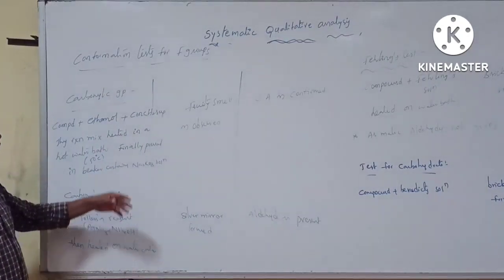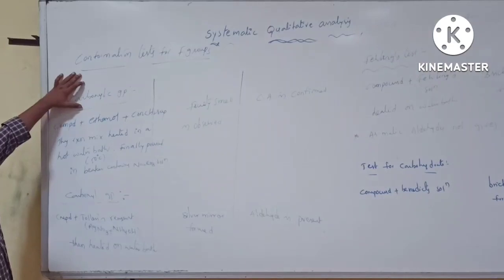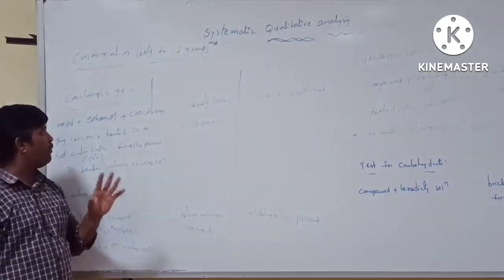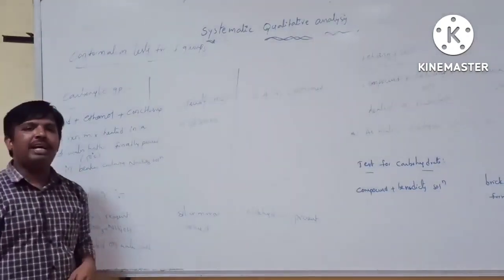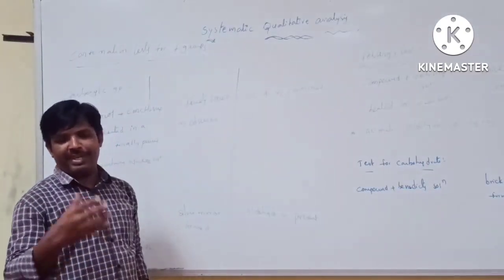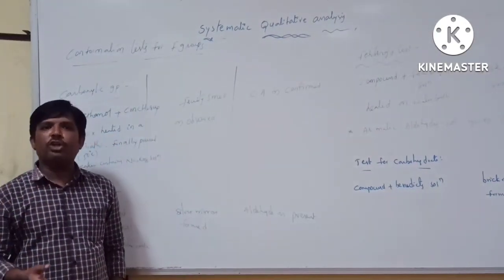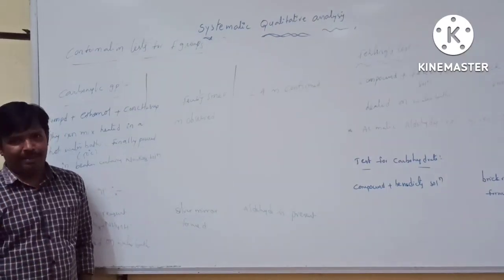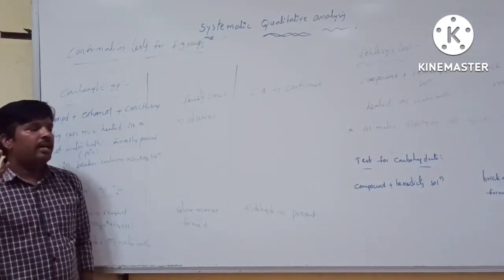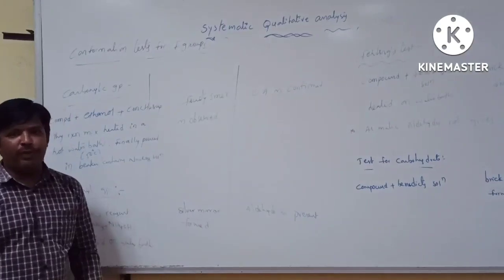First of all, carboxylic acid. For that we have to do the esterification reaction. As we already know, the compound is taken in a test tube, and you add ethanol and concentrated sulfuric acid.